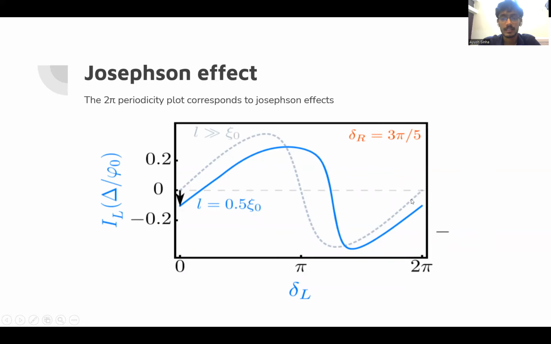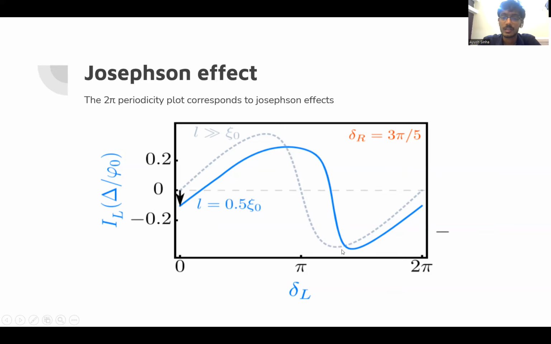It's 2-pi periodic as expected in the Josephson effect, which is I equals I_C sine theta. And when L is comparable to the coherence length, you can see that due to the mixing of Andreev molecules, there is deformation in the current versus phase graph.